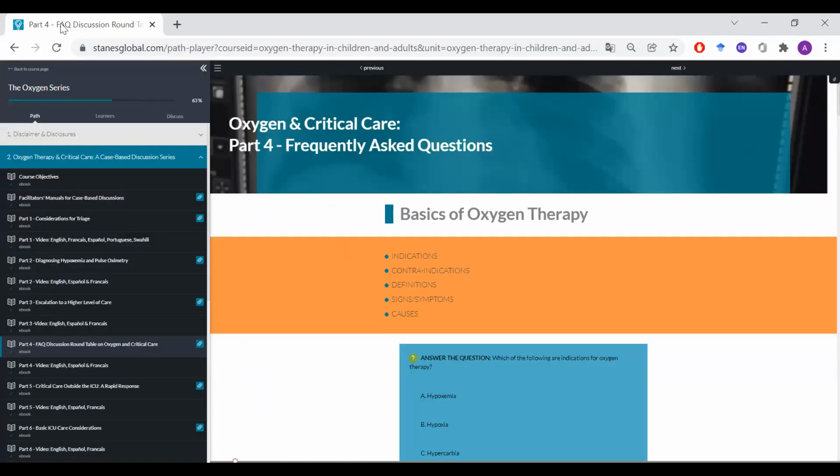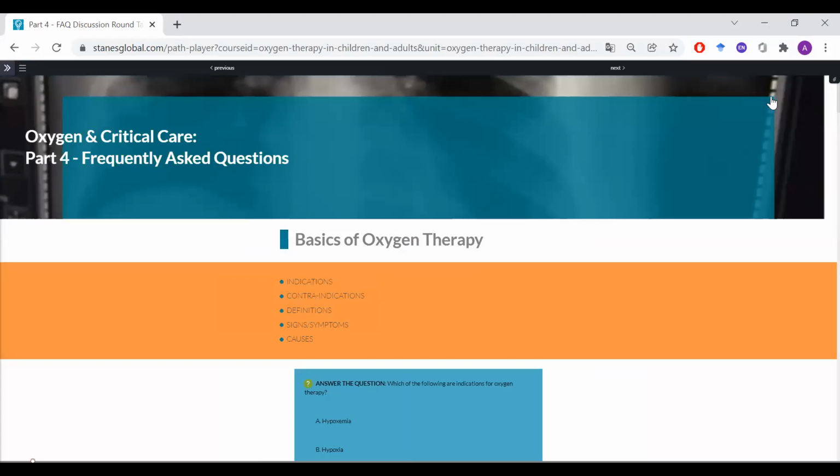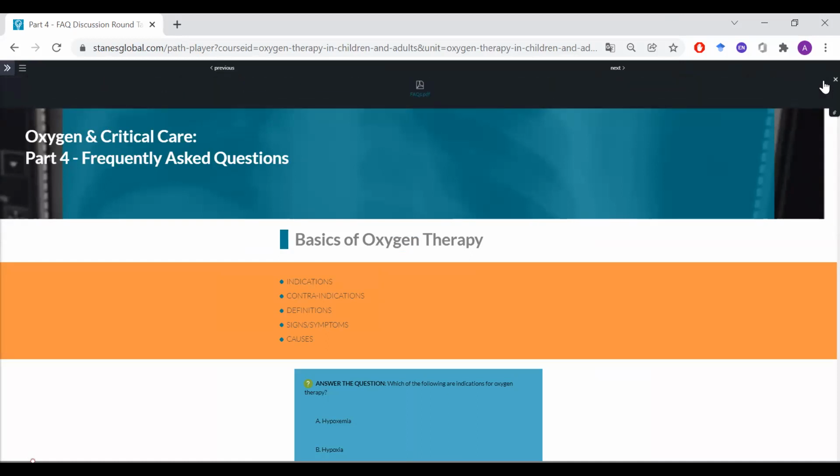If you click on Module 4, for example, for today, at the top of each module is a small paperclip icon. And when you click on that, you'll see a PDF that is associated with each module. And when you click on the PDF, it gives you the answers and some of the explanations for some of the theories that we discussed during our monthly session.